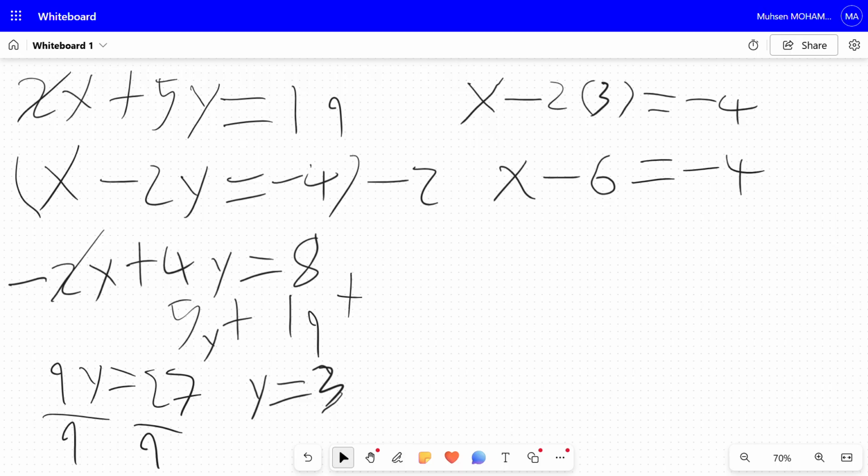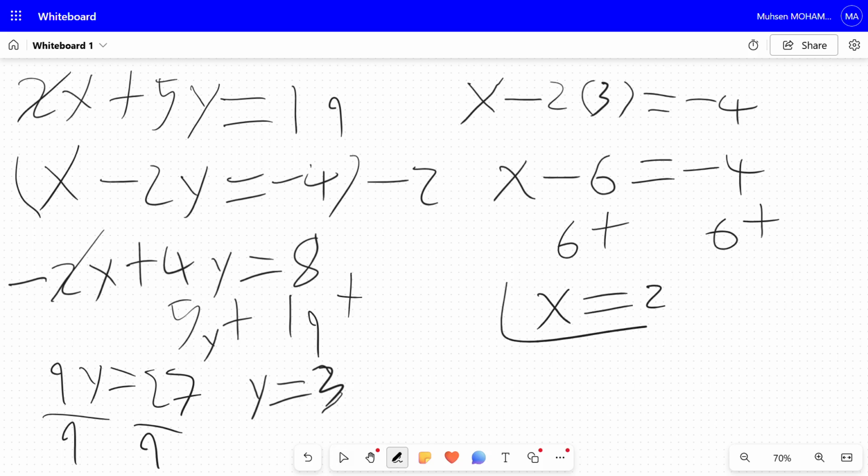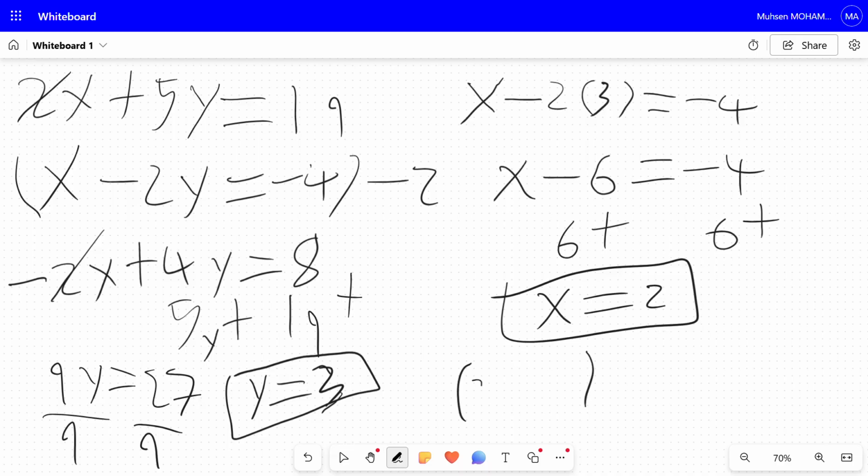So I can just continue the equation normally by adding 6 on both sides, which would be x equals 2. And now using the elimination method, I was able to get the value of both variables, which is 2 and 3.